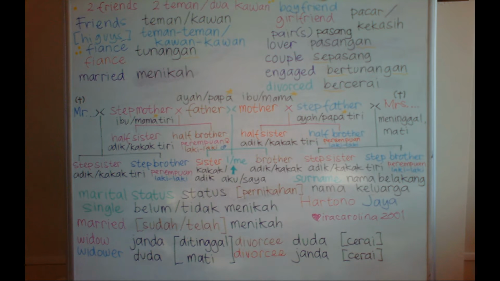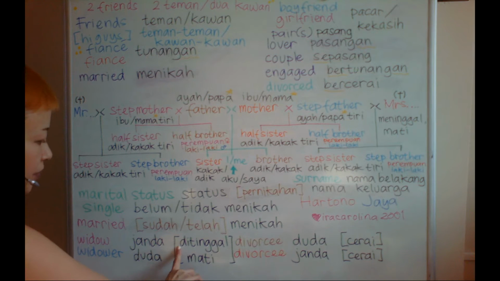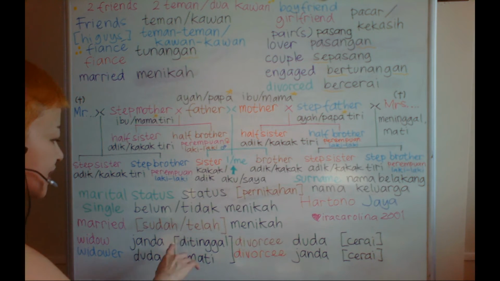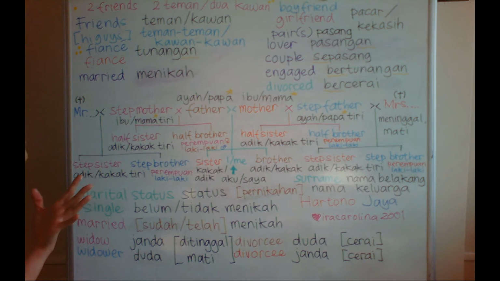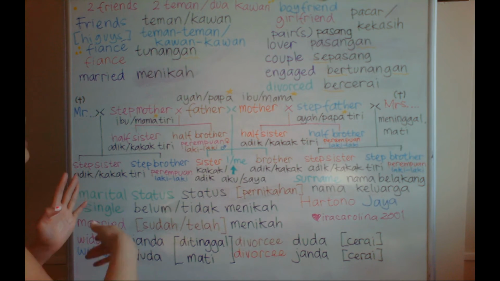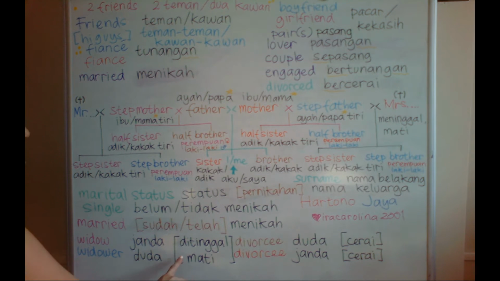But in this case, because their previous partner passed away, we add a space and ditinggal. It's not ditingal, but ditinggal. And then space mati. Mati is dead. Janda ditinggal mati, or duda ditinggal mati, being left dead, passed away.